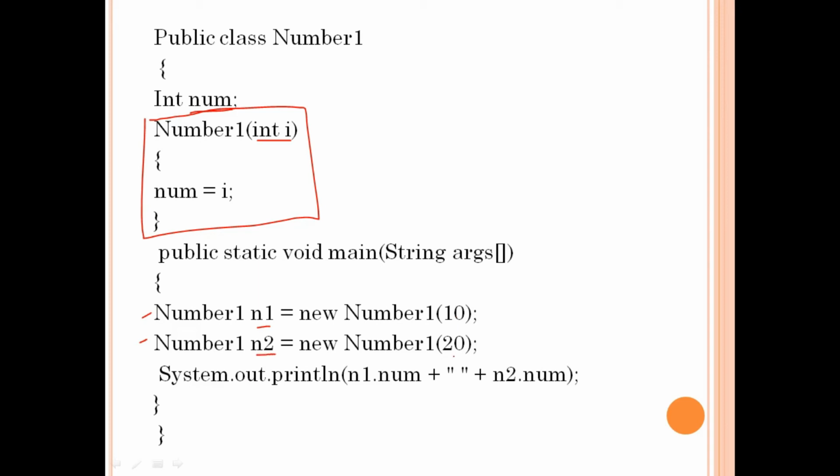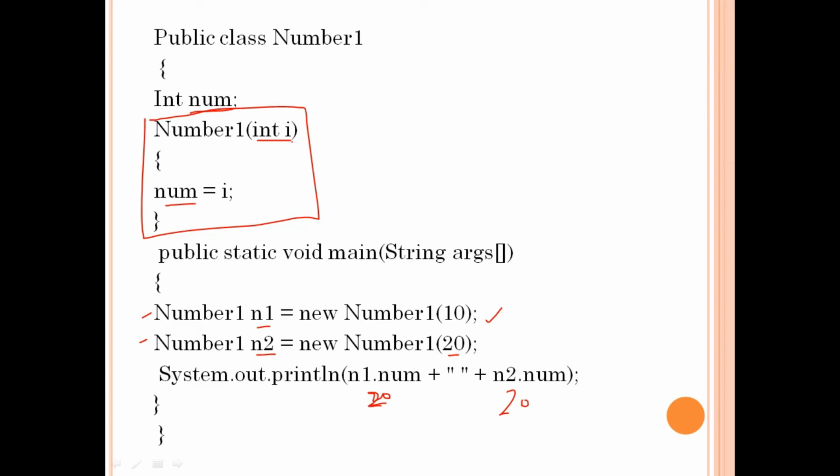Creating n2, I am sending the value 20. So while creating n1, num will be assigned 10. After creating n2, num will be assigned 20. On the whole, n1.num has an answer of 10 and n2.num has an answer of 20. This is the usage of your parameterized constructor.